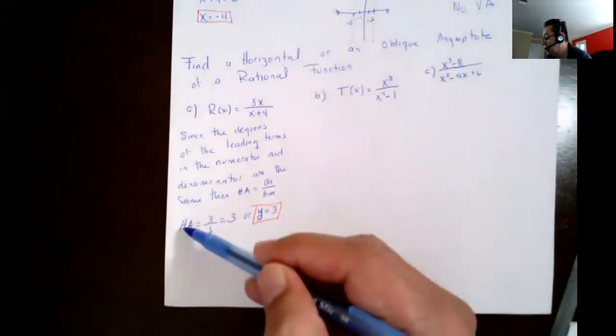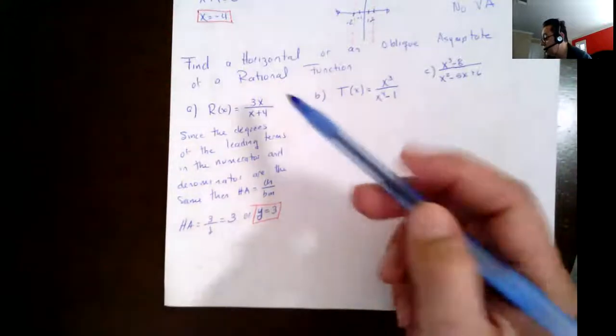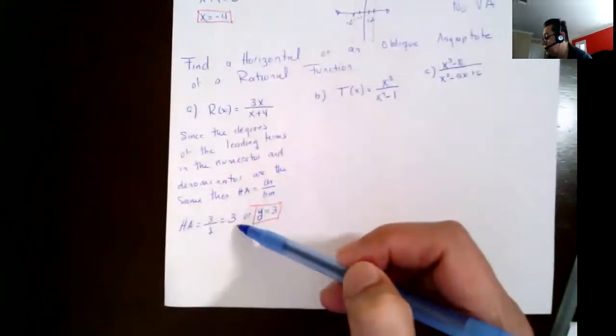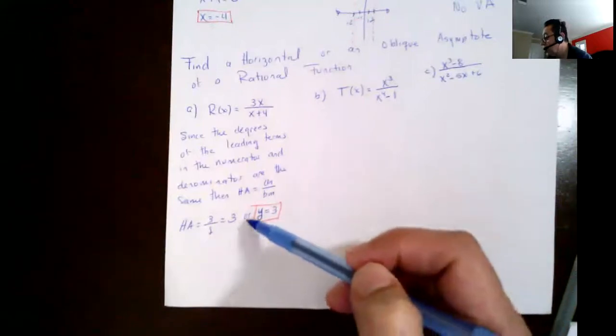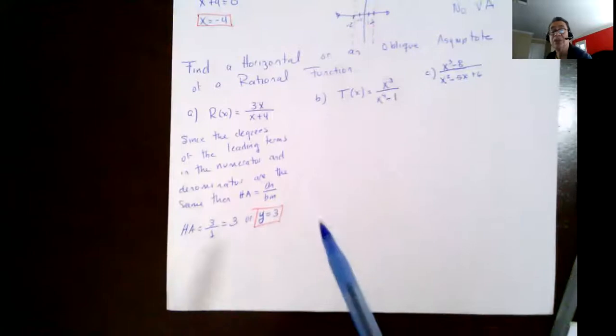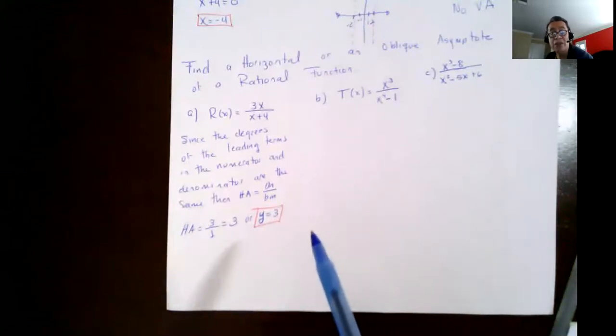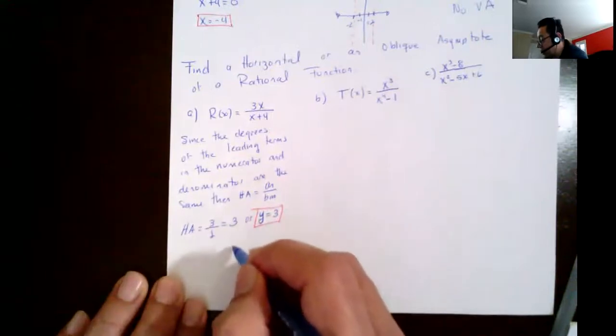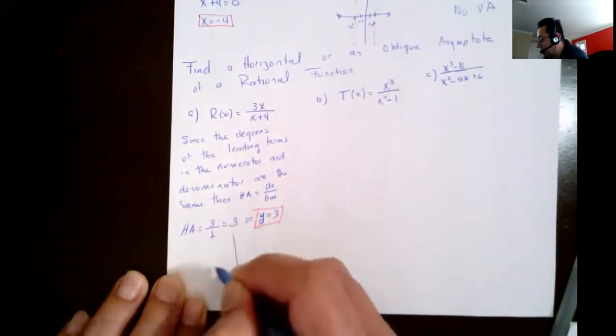So the horizontal asymptote would be 3 divided by 1, which equals 3, or y equals 3. Remember, y equals 3 is a horizontal line at y equals 3. If I wanted to graph this line, I can do it really quick here. And let me do it right here.